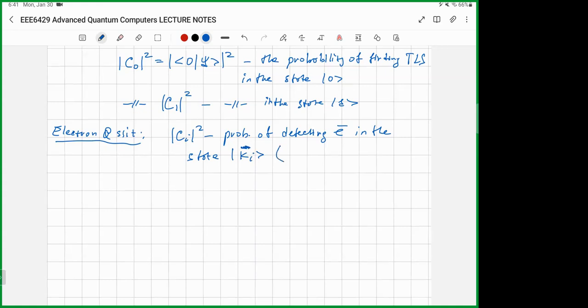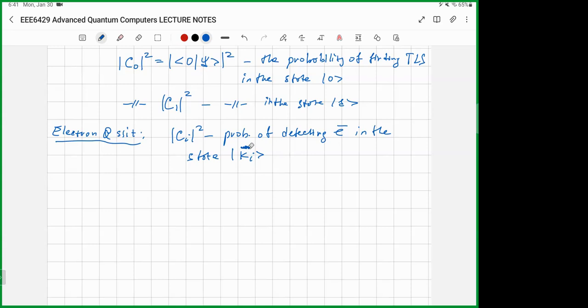Or in other words, detecting the electron that was scattered to the direction of Ki.